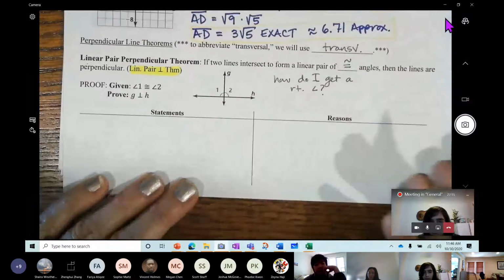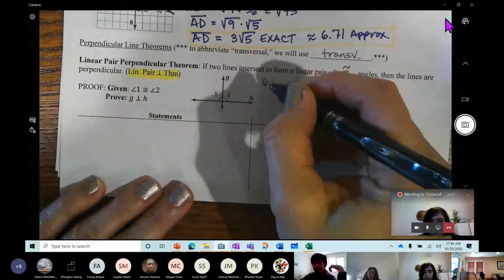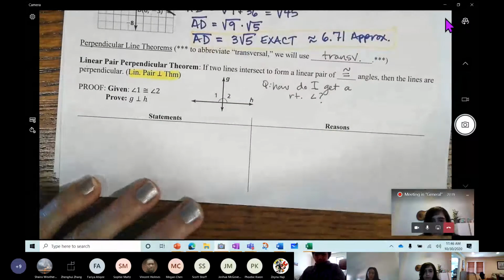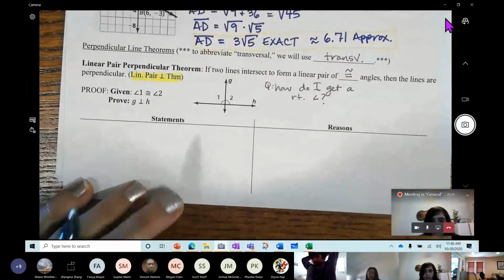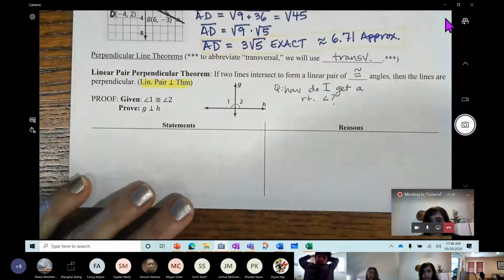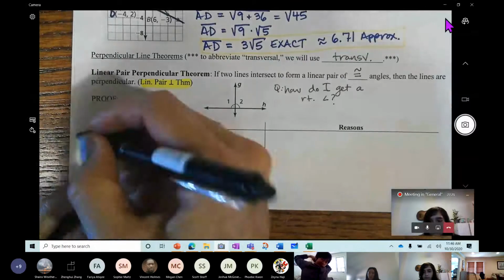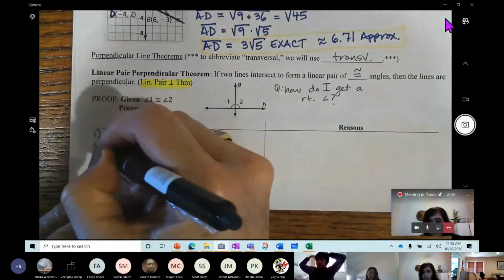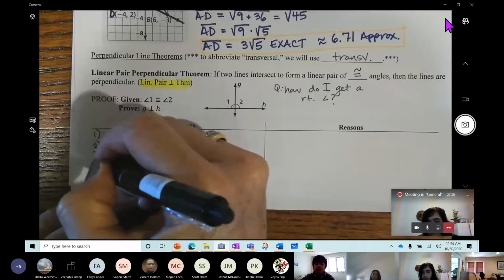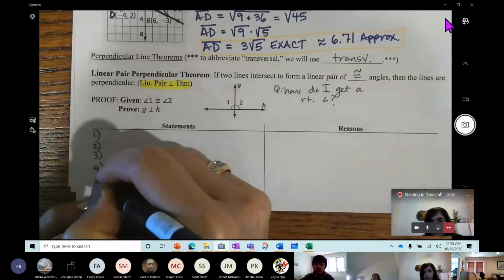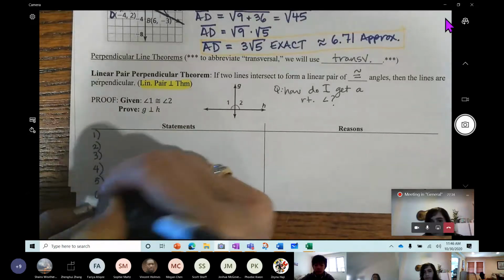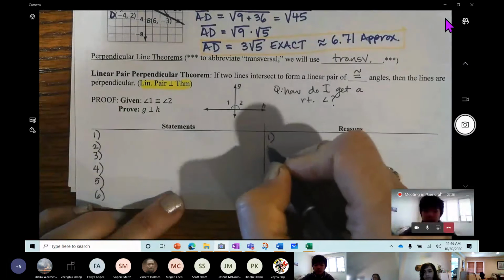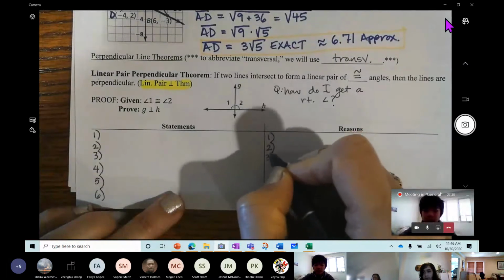So I'm trying to help you guys figure out, how do I get a right angle? What do you need to have a right angle? Anybody speak up, just unmute yourself. Two congruent angles.